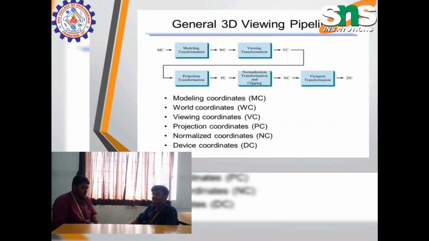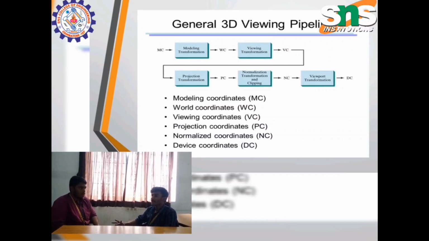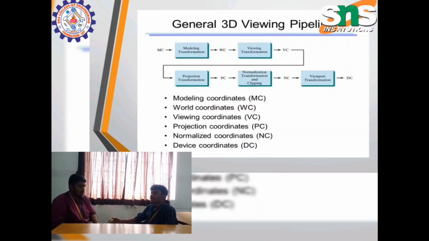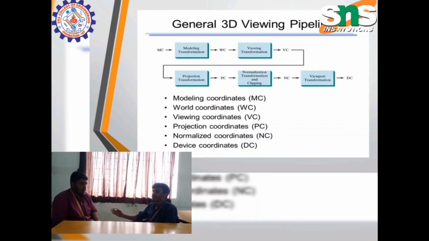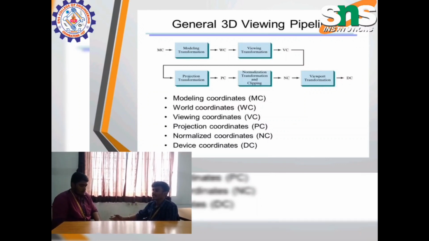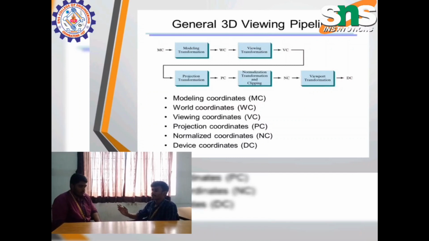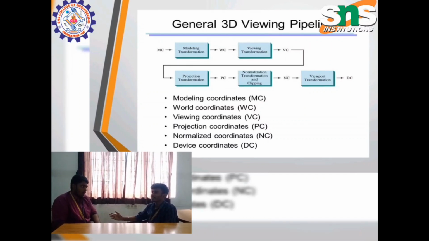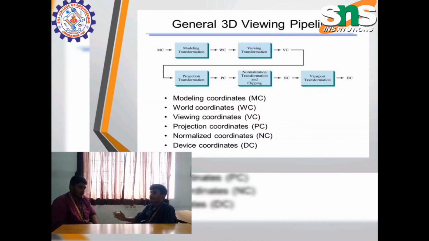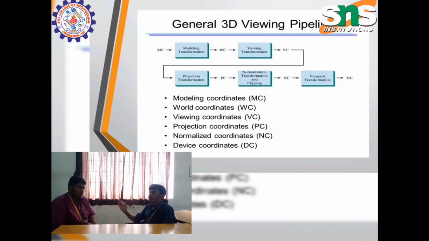Connecting these with coordinates: modeling coordinates to world coordinates, then viewing coordinates, then projection coordinates, then normalization coordinates, and normalization to viewport has device coordinates.